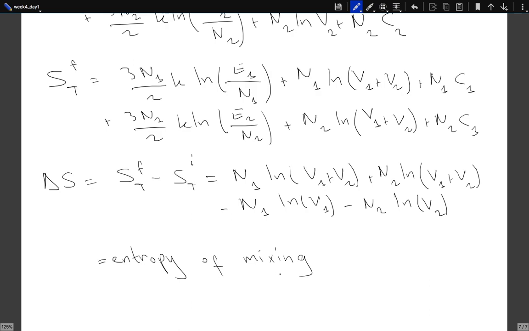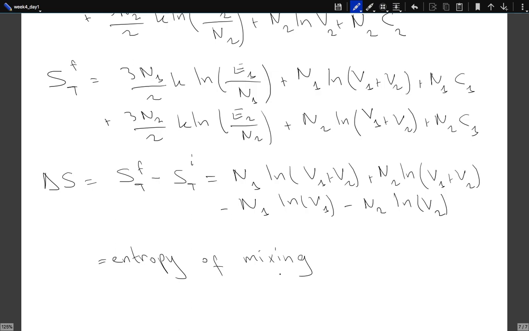This process is not reversible if the two particles are different, so the entropy should increase, it cannot stay the same. It's not reversible because just putting back the barrier will not bring the system back to its initial configuration. So if you mix two systems, entropy increases. It's not a big surprise.